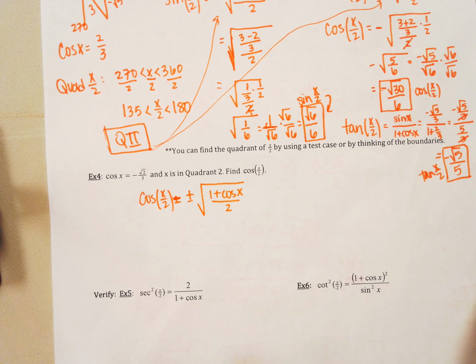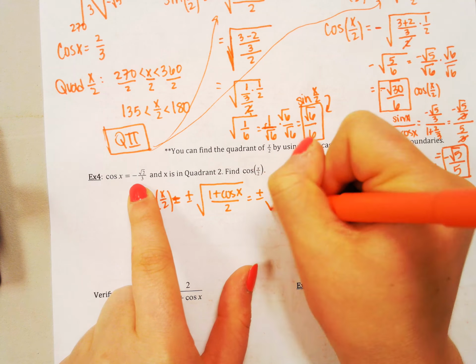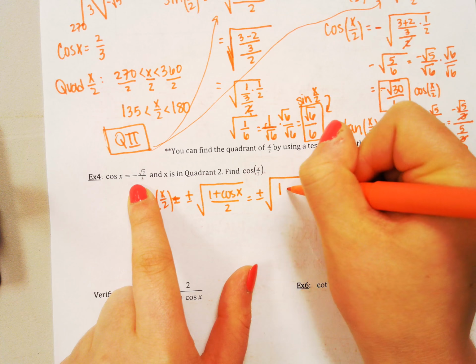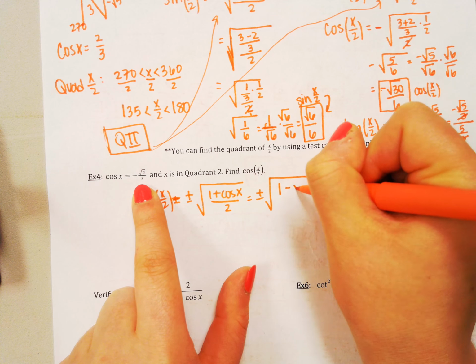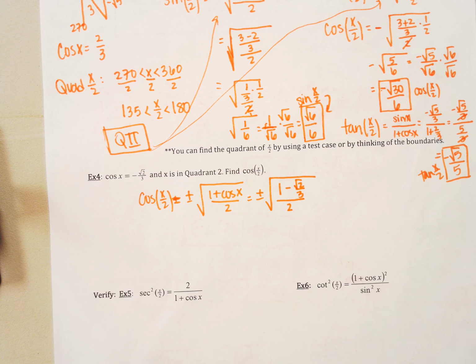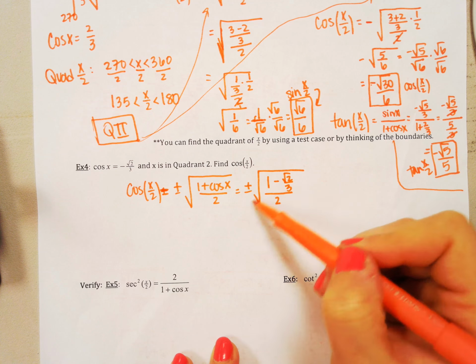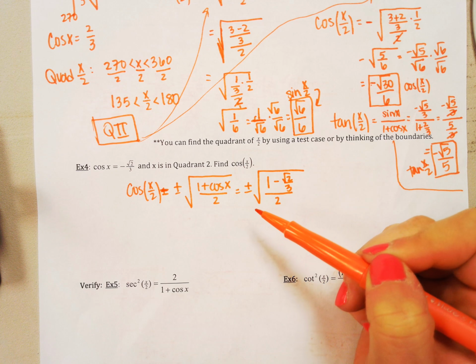Lucky for us, we don't have to draw a reference triangle because we're given the cosine of x. So plus a negative minus root 2 over 3 all over 2. This one, just the simplification is a little bit more difficult. And again, we have to figure out whether you're doing plus or minus. So we're going to do that first.